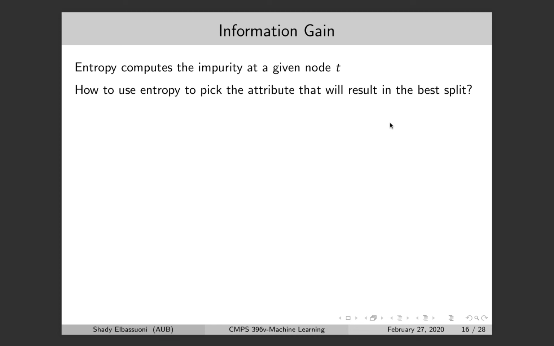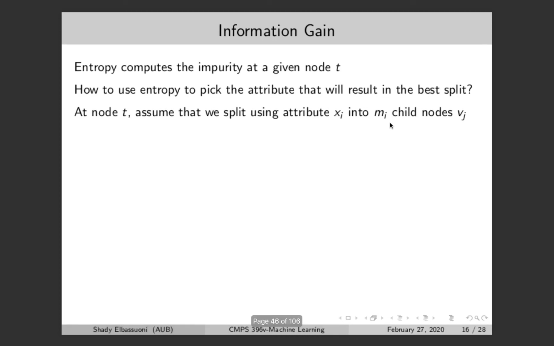How would we use it to pick the attribute that will result in the best split? For the best split, we want, ideally, to have instances belonging to one class, or a majority of the instances belonging to one class. So at node T, assume that we split using attribute xi into mi child nodes vj.